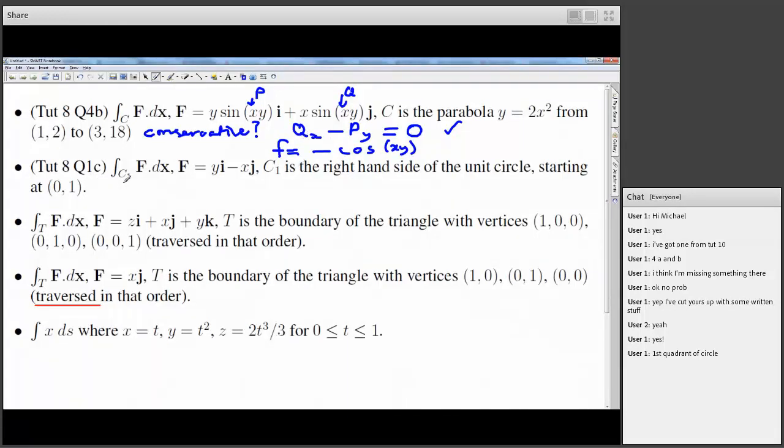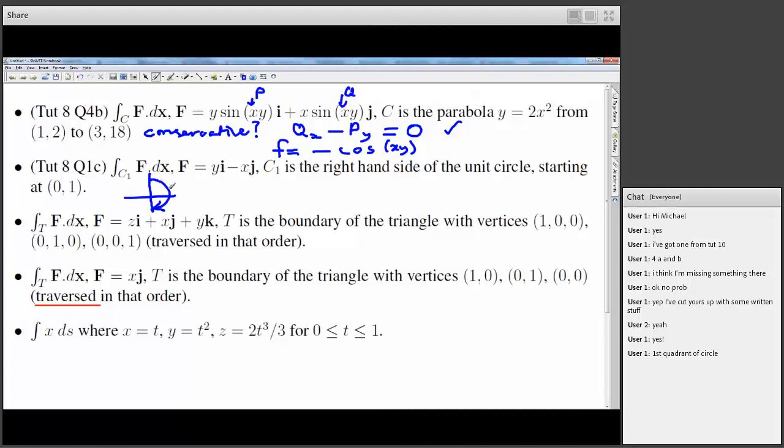For the next one, I'm integrating where C1 is the right-hand side of the unit circle, staying at 0, 1. So that particular curve just there.